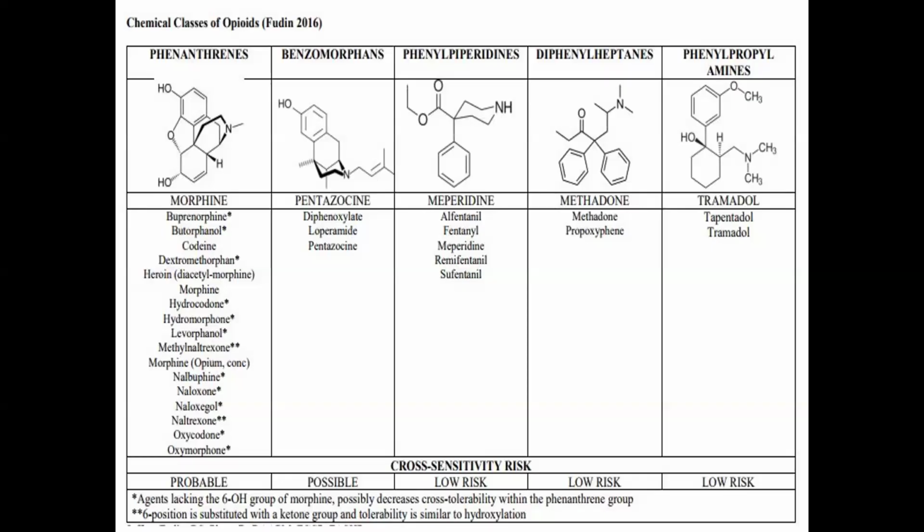Then the last group here is the phenylpropylamines, which are also called the cyclohexanols. We have tramadol. I'm sure all of you are aware of tramadol, which is a weak opioid, and then its cousin tapentadol. Tramadol and tapentadol work by a dual mechanism of action. They have mu agonist activity, and they also inhibit the reuptake of the catecholamines.